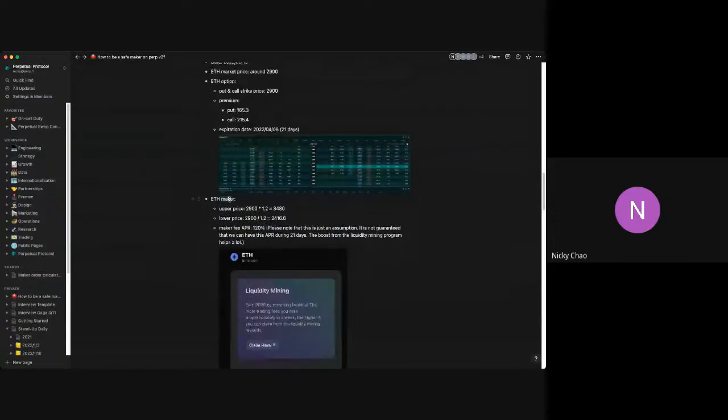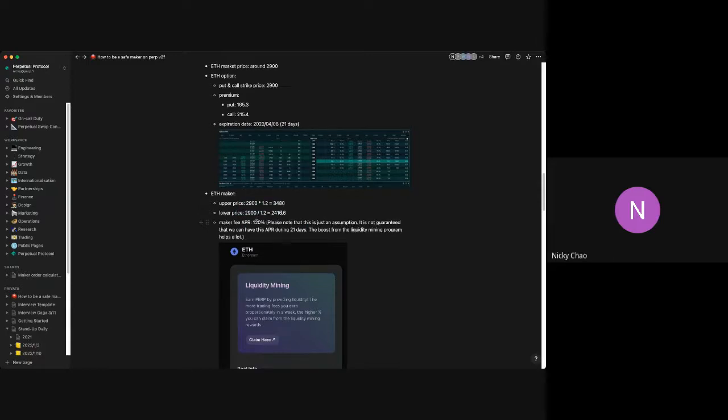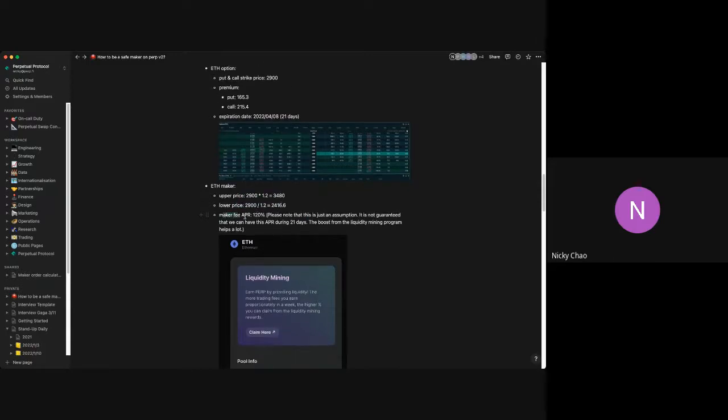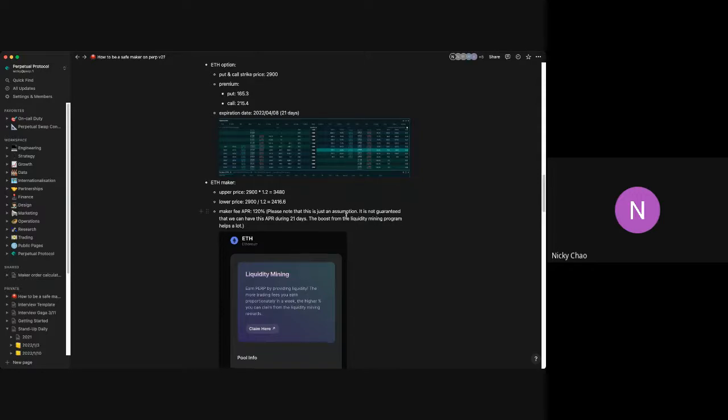And on the maker side, I'm assuming that we put a range maker with a 20% range. So the upper price is this and the lower price is this. And here I'll assume that the maker fee APR is 122%. Please note that this is just an assumption, and you can adjust the APR lower or higher to see if you can still get profit from this strategy.